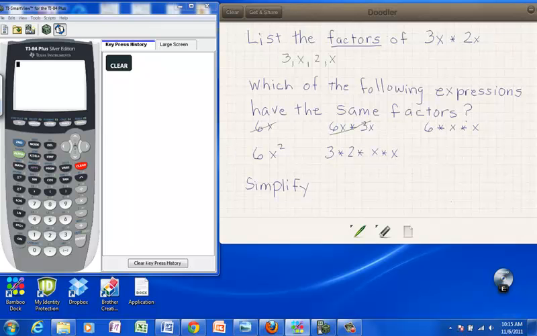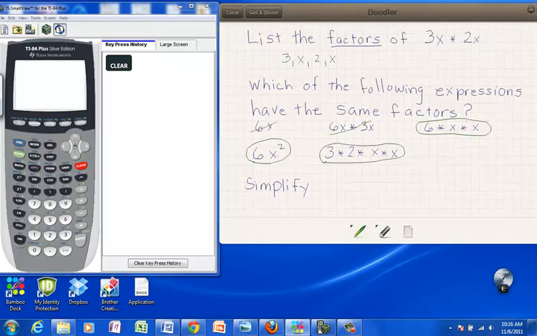Right, 6 can take care of our 3 times 2, times x, so this expression has the same as our original. 6, there's 3 times 2. X squared is a shortcut for writing x times x, so this is the same as our original. And here's 3 times 2 times x, so the order's not important, but this is certainly the same as our original factors.